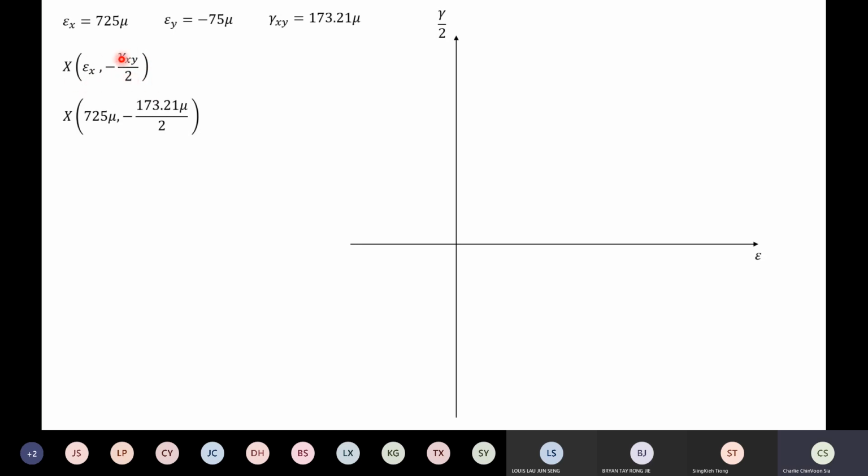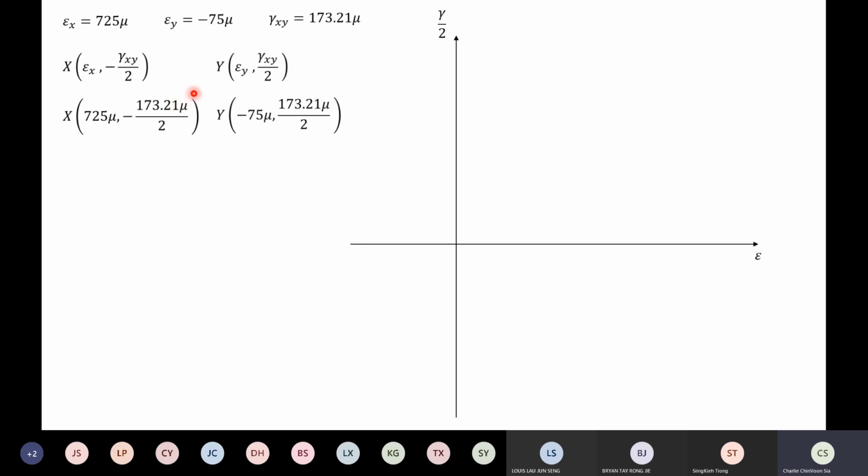So from there, 725 micro, comma, minus 173.21 micro divided by 2. So this is the coordinate for X.